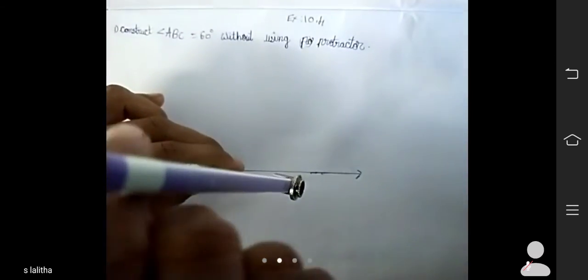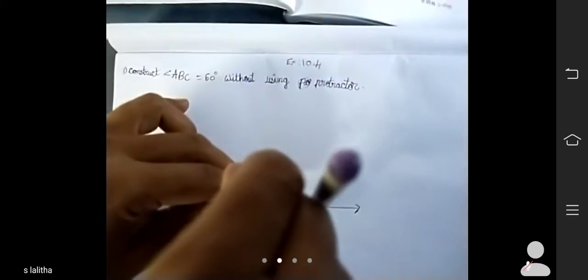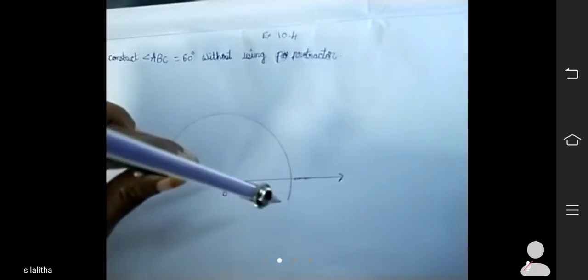Now draw an arc like this. Any radius you have to take and keep it on B.